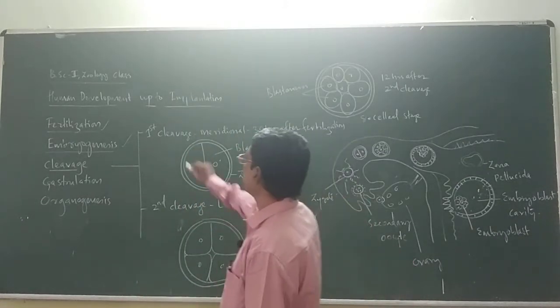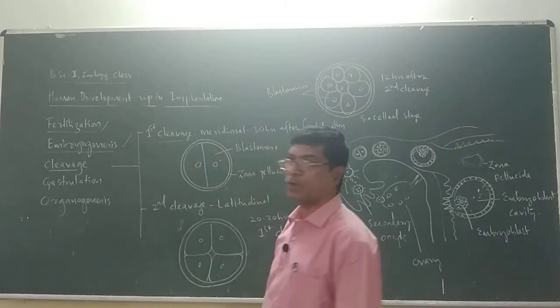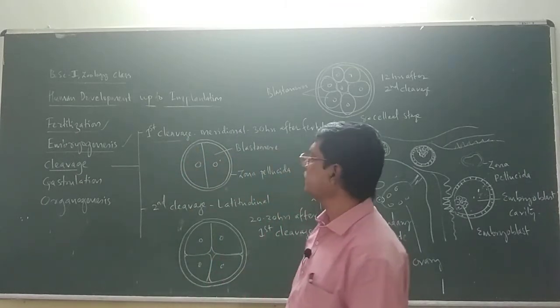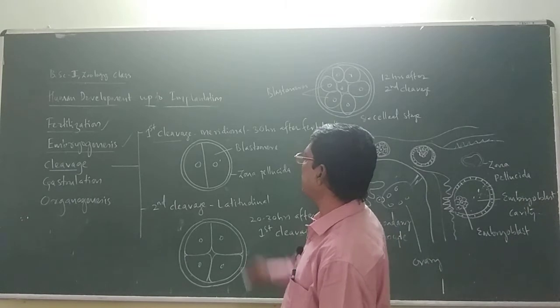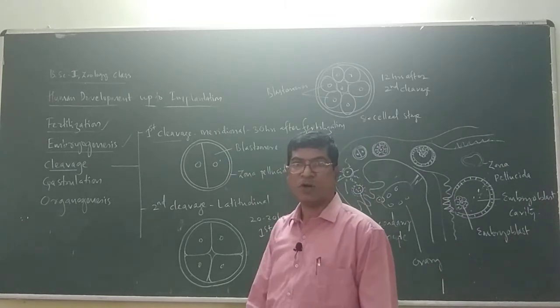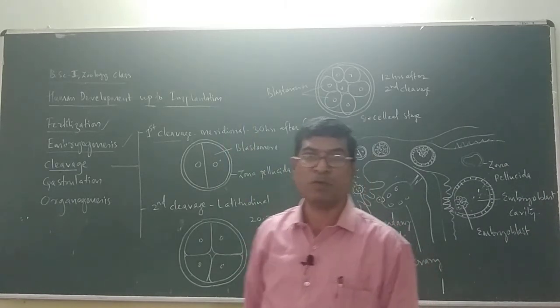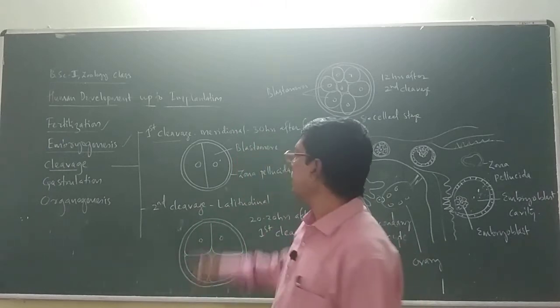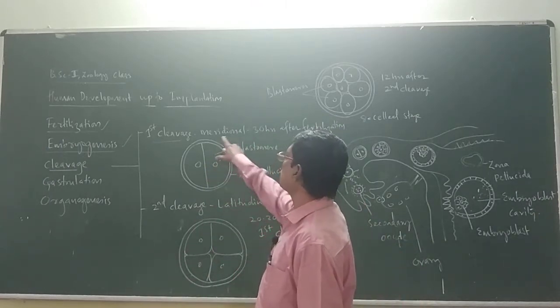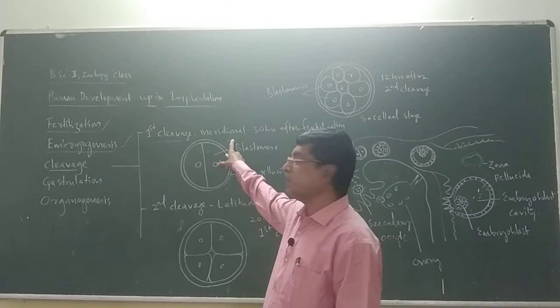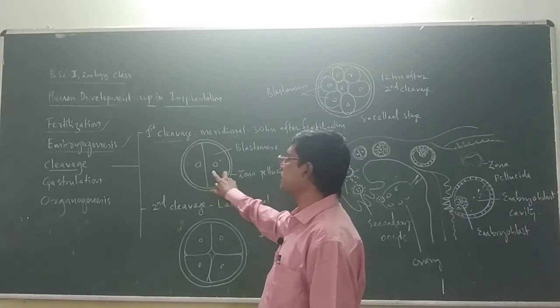In human embryogenesis, the first cleavage is meridional. The first cleavage occurs along the animal pole to vegetal pole axis. This is called meridional cleavage. At the end of cleavage, two cells are formed.